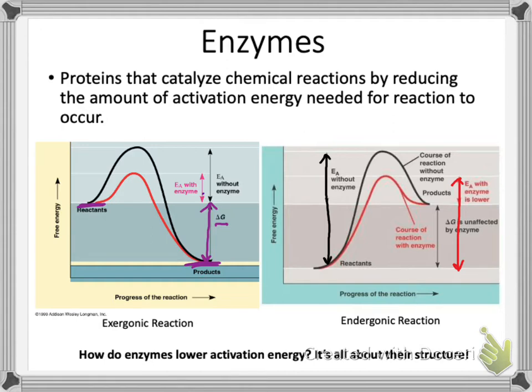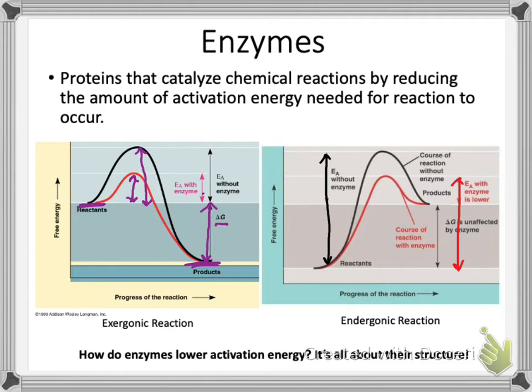With the red line, the activation energy with an enzyme is much lower than the activation energy without an enzyme. That means with an enzyme, less energy needs to be absorbed from the environment to get the process going. And because less energy is needed, the reaction can in general happen faster.